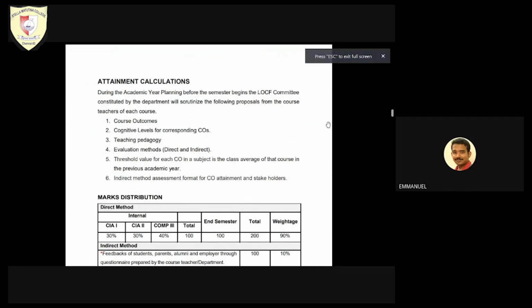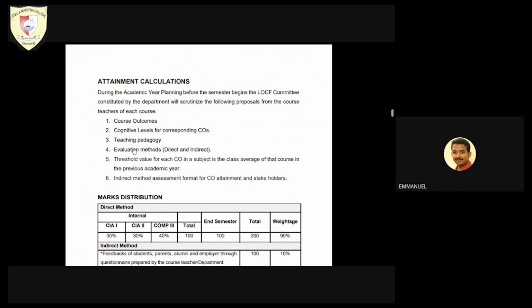We are giving a suggestion or model of doing attainment calculation as follows. In the following manner, the software is getting modeled. At the outset, the attainment calculations are done on different bases: course outcome basis, cognitive levels corresponding to course outcomes, teaching pedagogy, evaluation methods, direct and indirect.